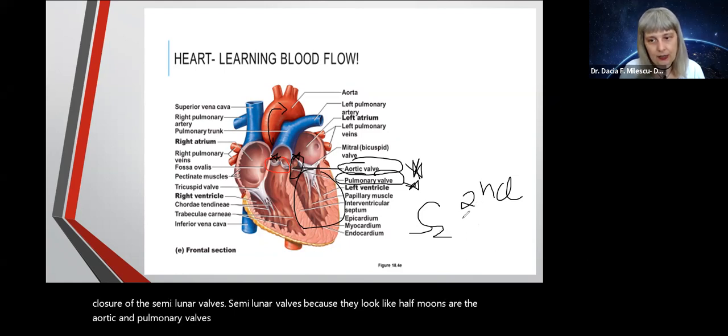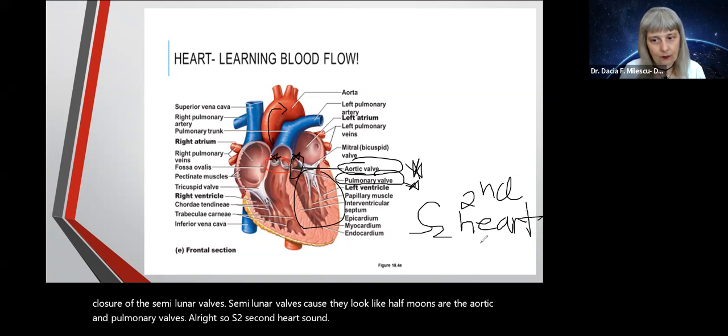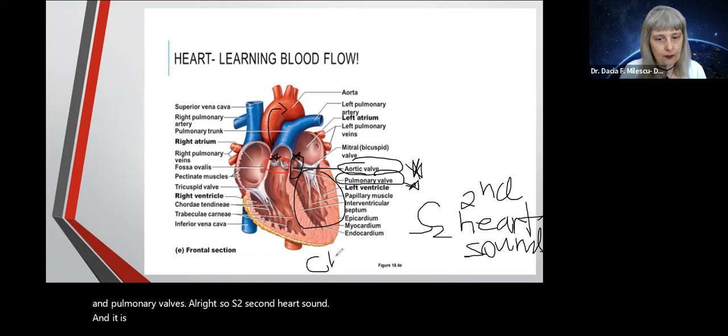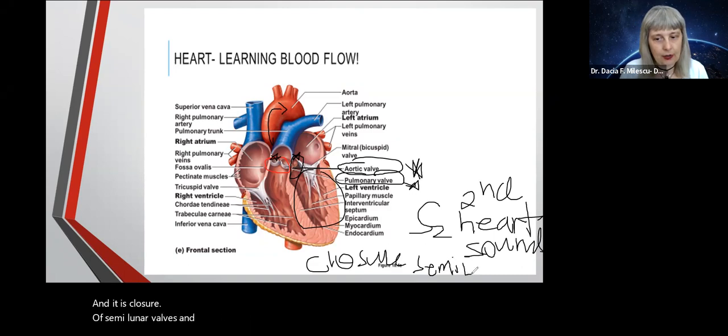All right, so S2, second heart sound, and it is closure of semilunar valves. And remember what the semilunar valves are: the aortic valve and the pulmonary valve, okay? The atrioventricular valves are the tricuspid and the bicuspid.